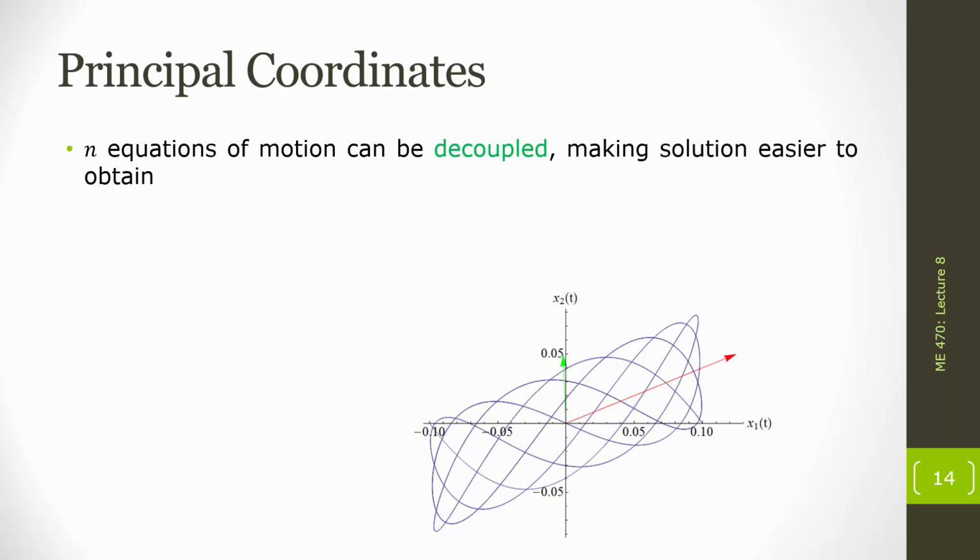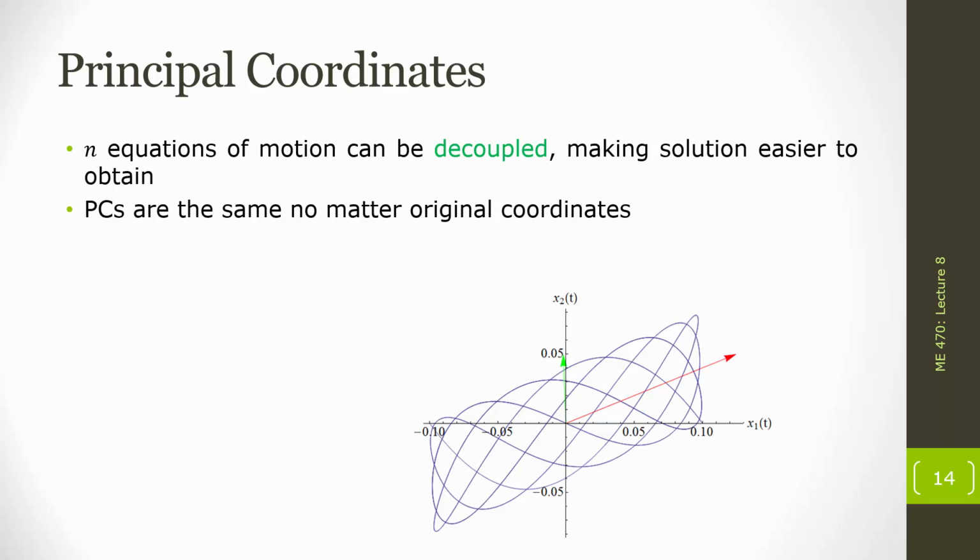So where we're going to go with this is that we are going to be able to change the coordinate system that we're doing some of our analysis in to one where every equation of motion has only one frequency, one of the natural frequencies, in it, and we're going to see it's going to be much easier to solve. And it's not going to matter which coordinates we do our initial analysis in, as long as they fully describe the system and they are all independent degrees of freedom.